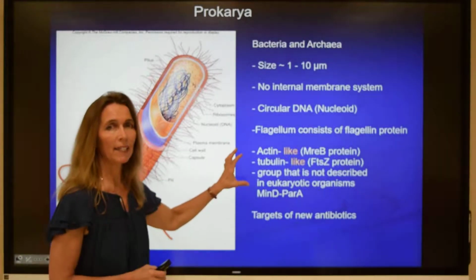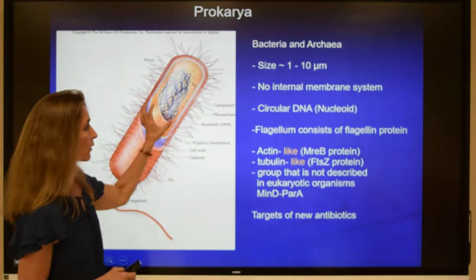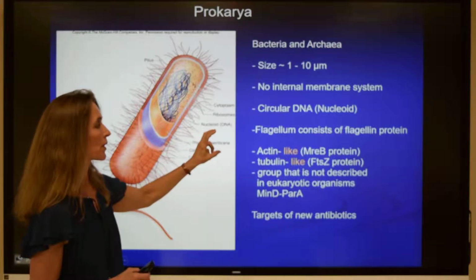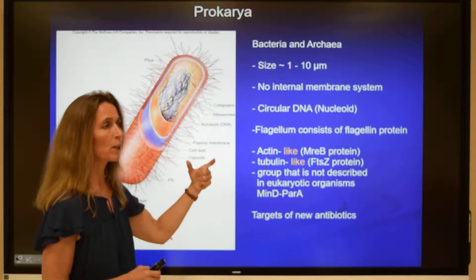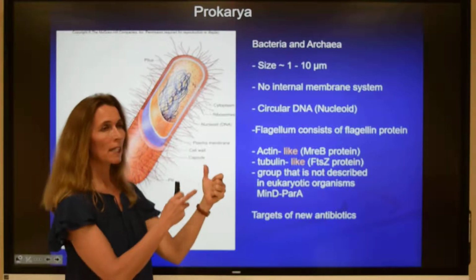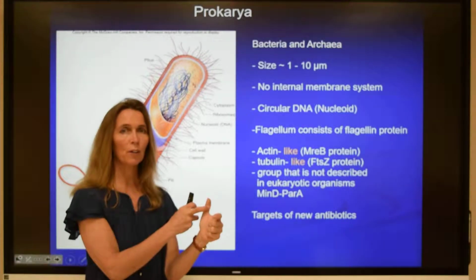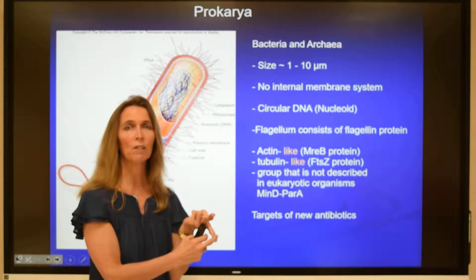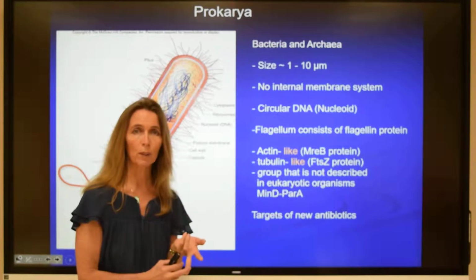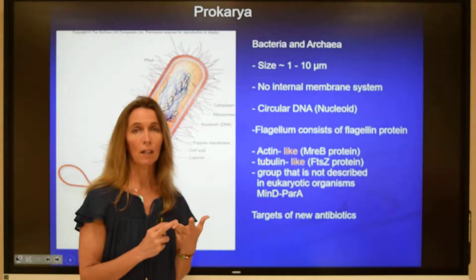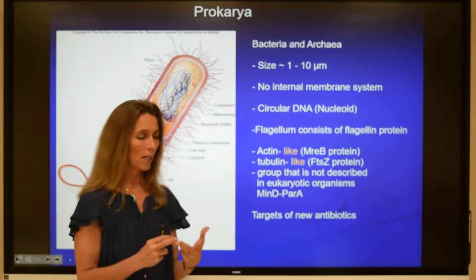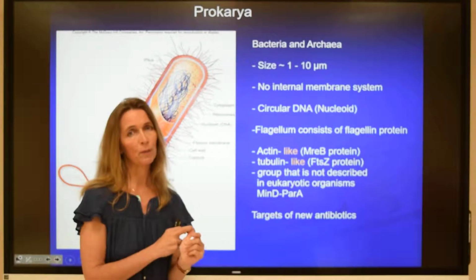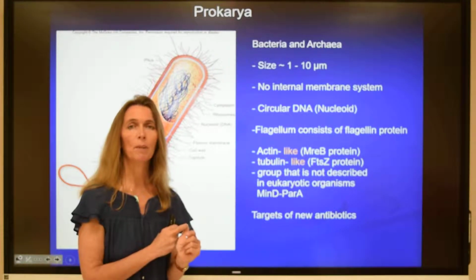The bacteria have cytoskeletal structures similar to those we know in eukaryotic organisms. Namely, in eukaryotic organisms we have actin, the intermediate filaments, and the microtubules. The microtubules are the largest, with about 23 nanometers in diameter, and the actin filaments, with about 6 nanometers, are the smallest.